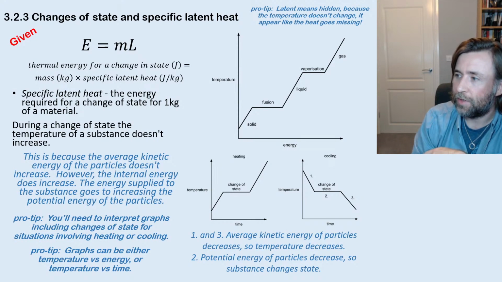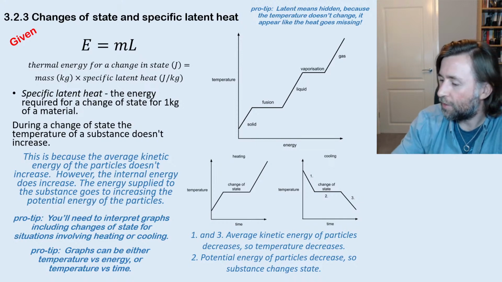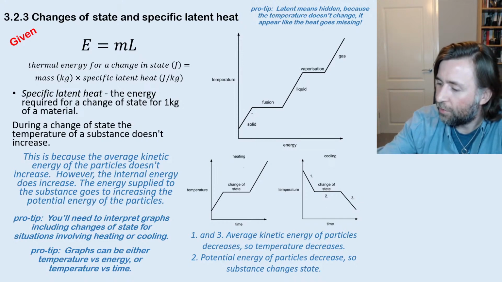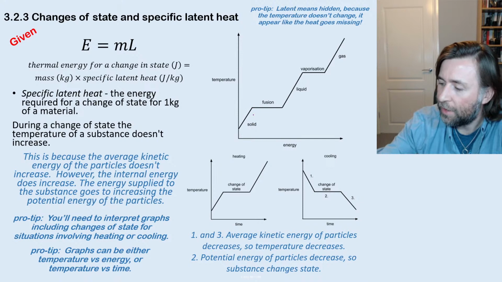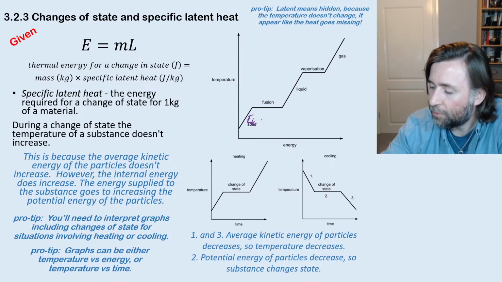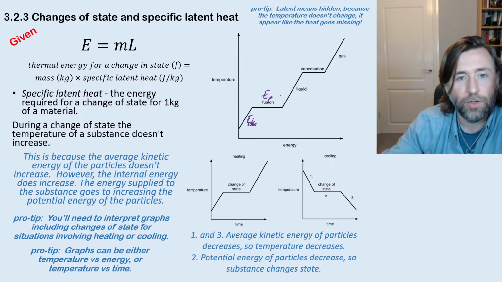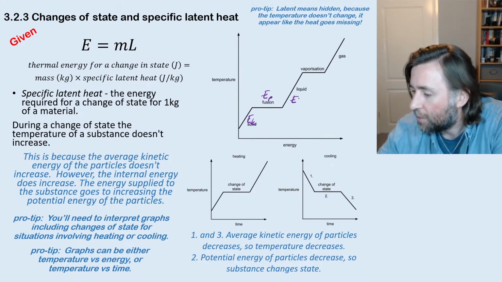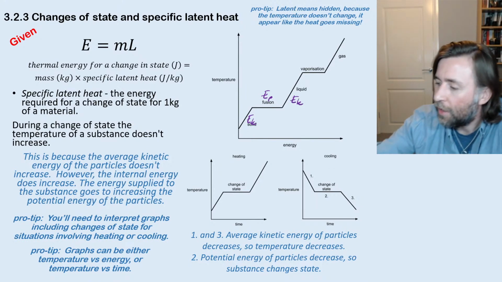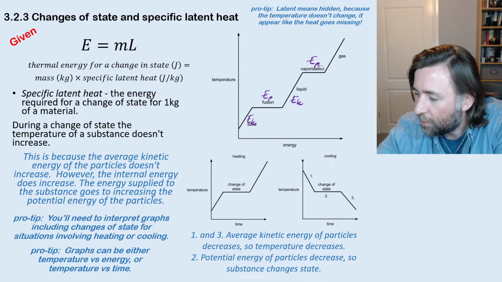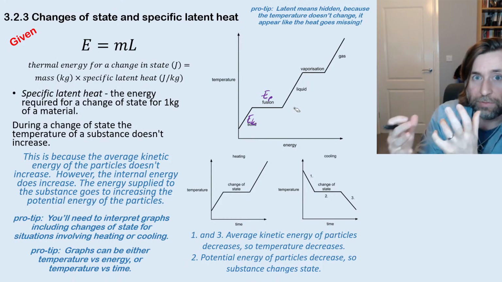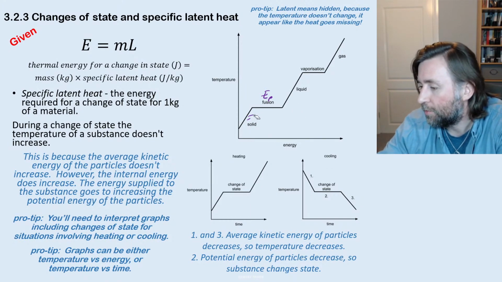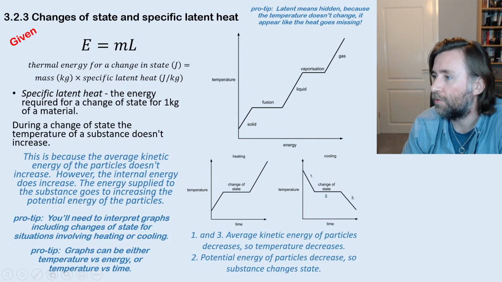So when you think about these graphs, if we've got temperature against time, kinetic energy is changing when temperature is rising, and potential energy is changing when the temperature is the same. During a change of state, the potential energy is the one that changes. So the average kinetic energy of the particles, which is the temperature, isn't changing during those points. That's the key bit from this slide.